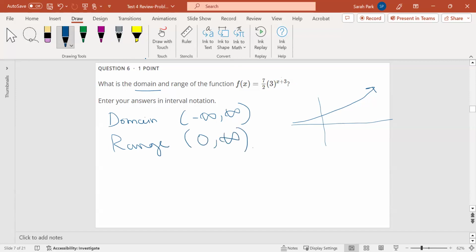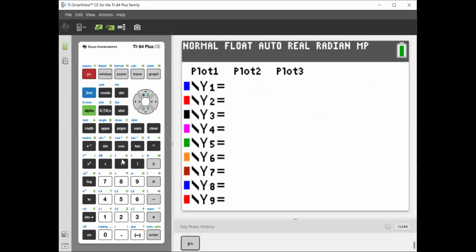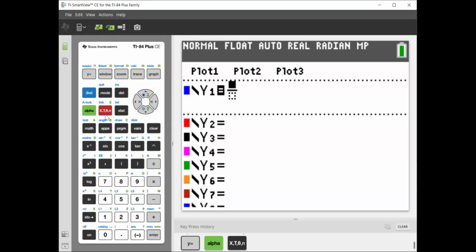You can also graph this function to get a look at the domain and the range, and I'll do that here. So if we go to y equals, I can type in 7/2, and then we have 3, and we're going to raise this to the x plus 3 power.